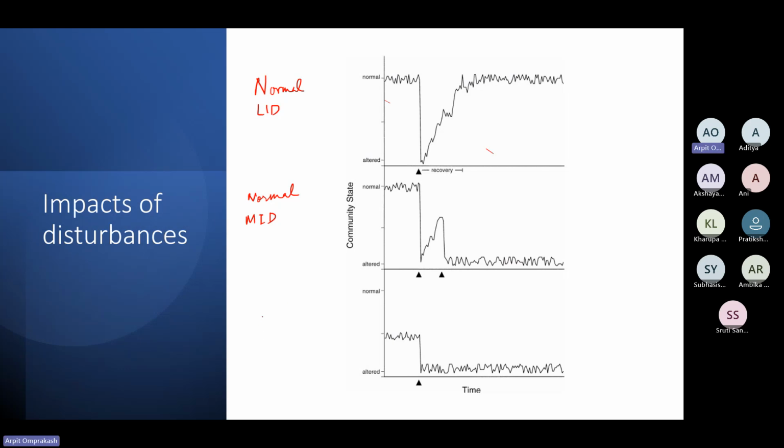And in the third one, we have a disturbed community. Actually, it is disturbed, not altered. Altered is the final form. So disturbed community, and there's one large infrequent disturbance, and then the community doesn't come back. So climate change is basically one of the things that makes our ecosystem or environment disturbed in place of normal.